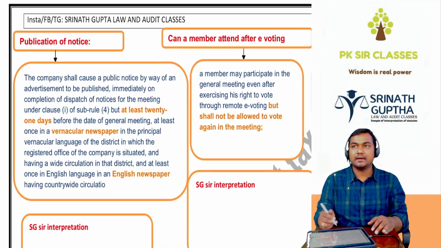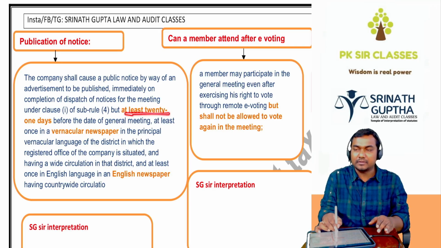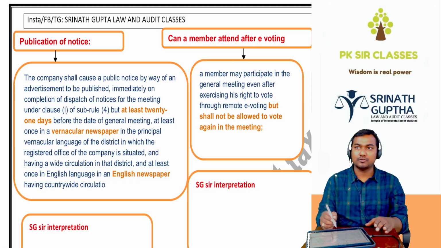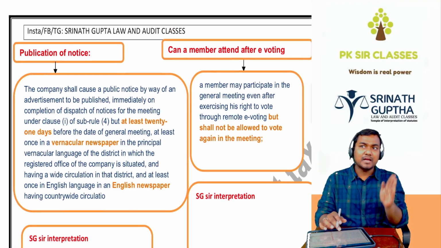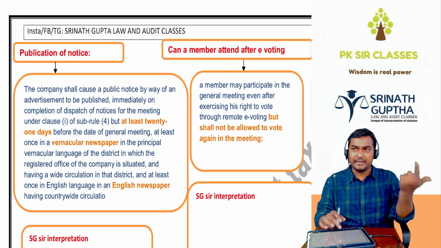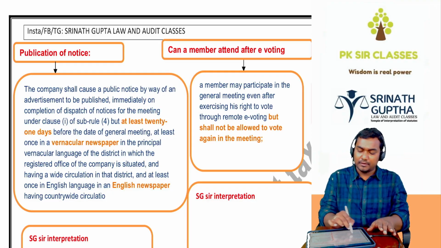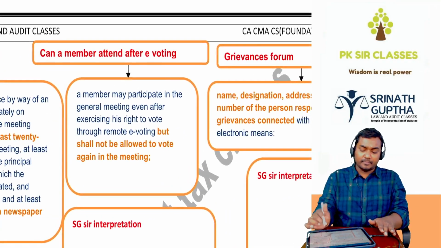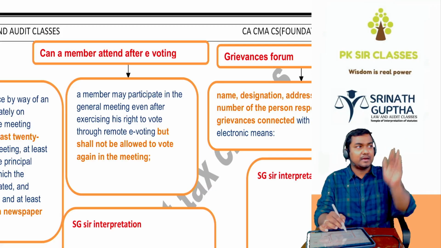The company has to publish the notice at least 21 days before the meeting in the local newspaper and also the English newspaper. Vernacular newspaper means local newspaper. So the company has to give the notice on the website. The company has to give the notice in the newspaper 21 days before the meeting: one in the local vernacular newspaper, and also one in the English newspaper. A member who has voted electronically can also attend the meeting.